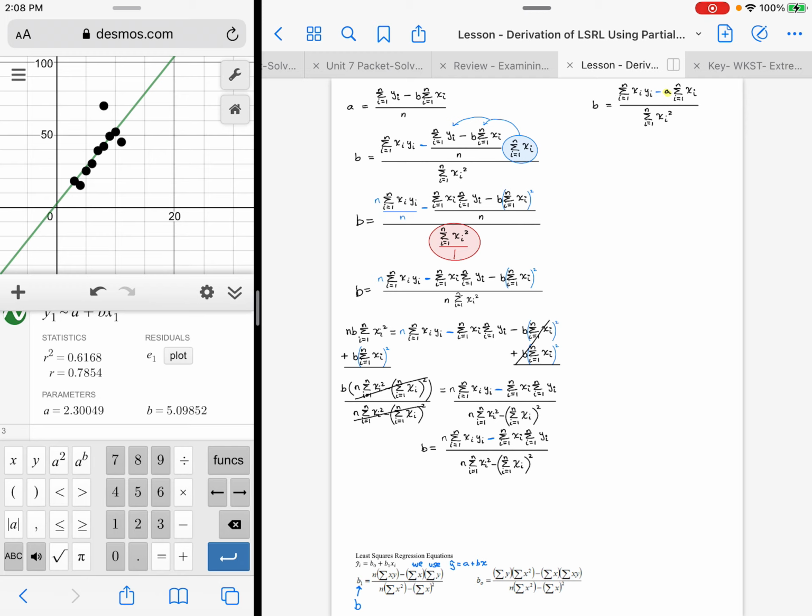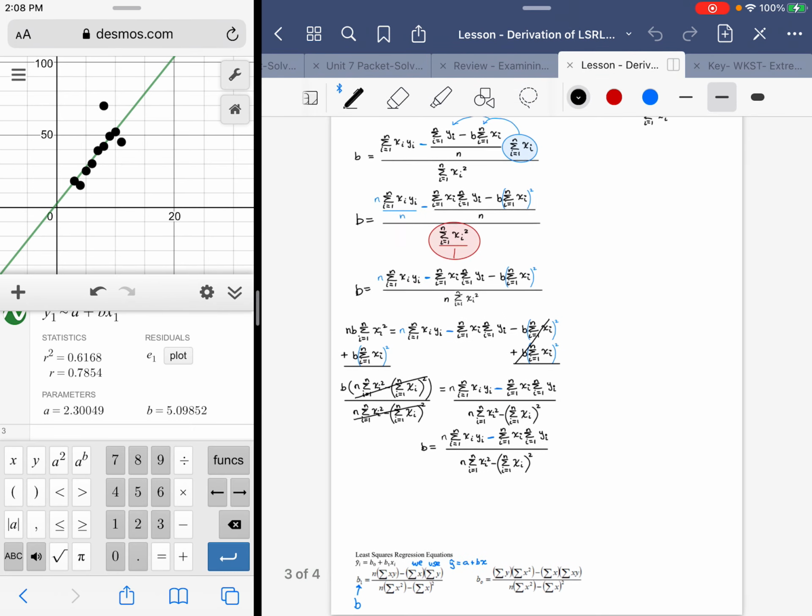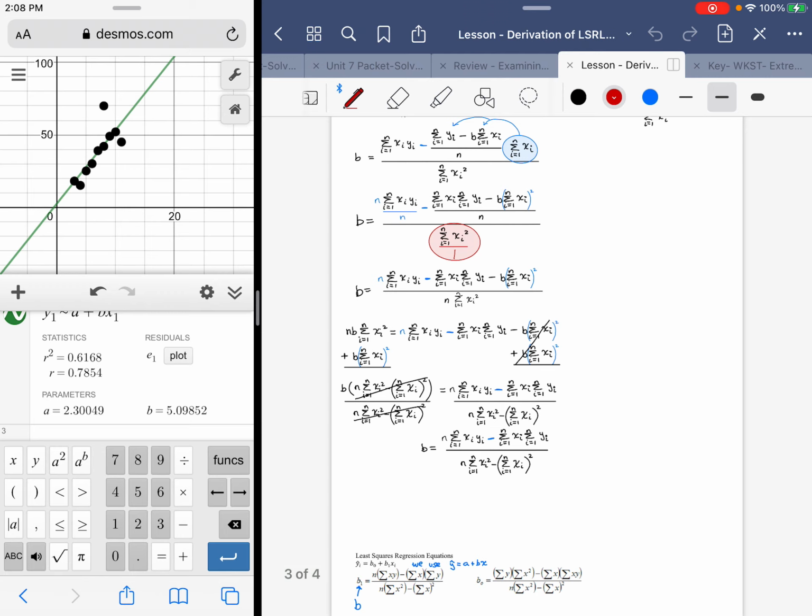So I found the b. Now I just need to figure out the a. That would be the other expression on the right-hand side of this equation. So that's our goal here.